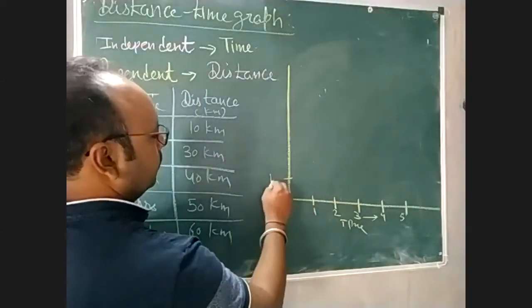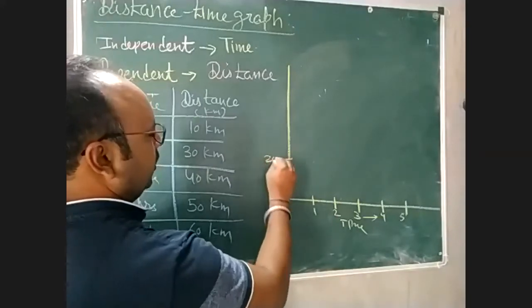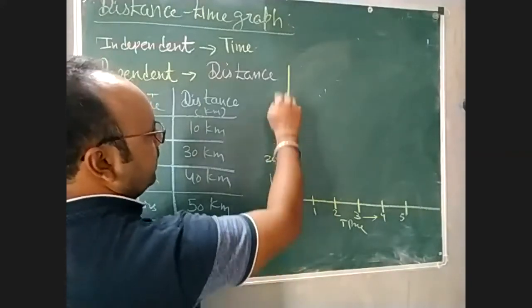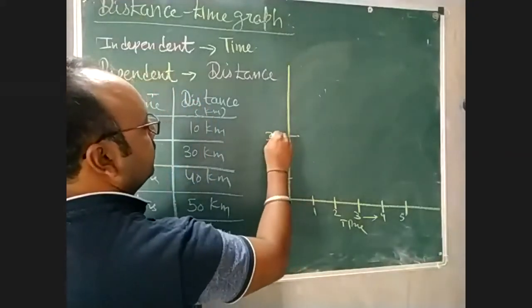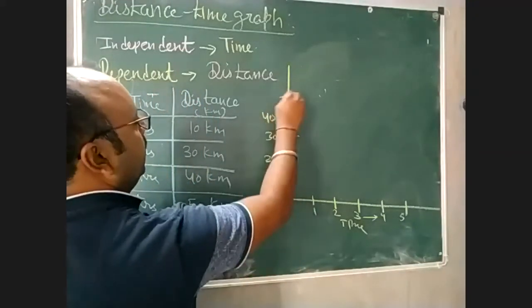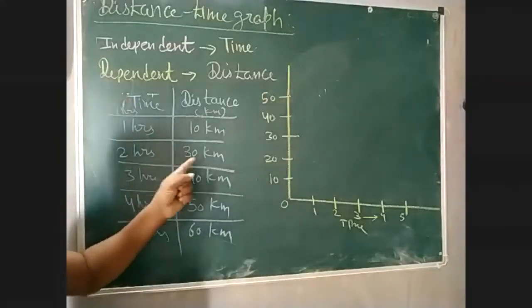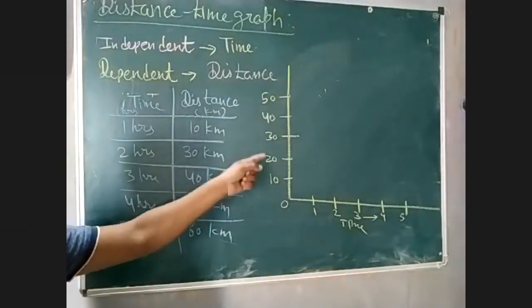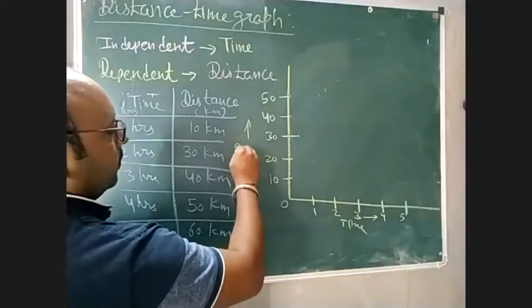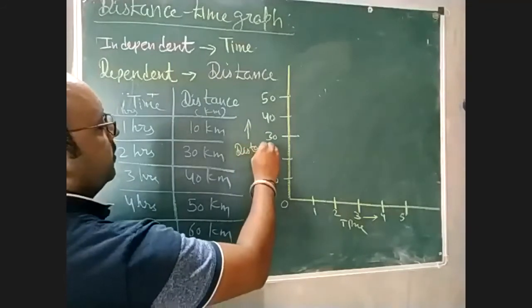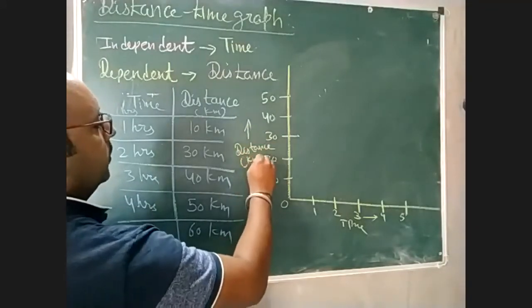So 0 to 10, 20. You will not leave a gap. These differences should be equal, whether it's time or distance: 20, 30, 40, 50. Here the 20 kilometers was not shown, but I have to take it to represent distance. There should be no gap. All the distance intervals should be equal.